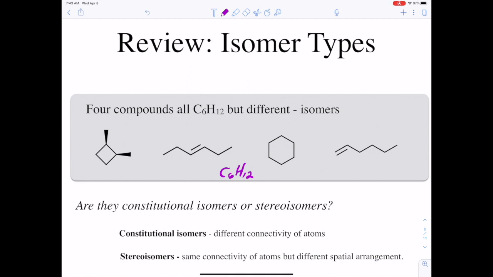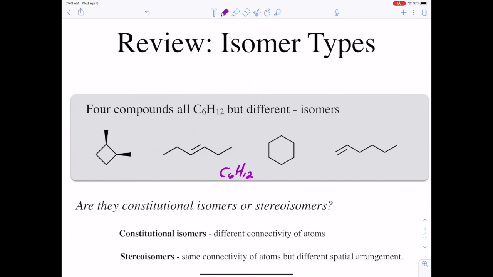CnH2n+2 is the general formula for an alkane. But these are C6H12, and they all have 2 hydrogens missing compared to an alkane, and the reason is either a double bond or a ring reduces by 2 hydrogens.